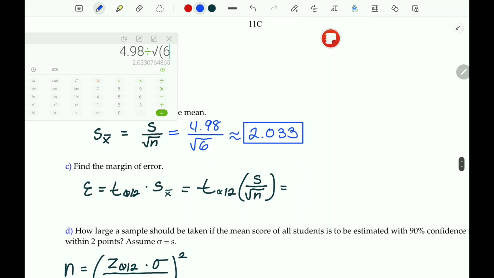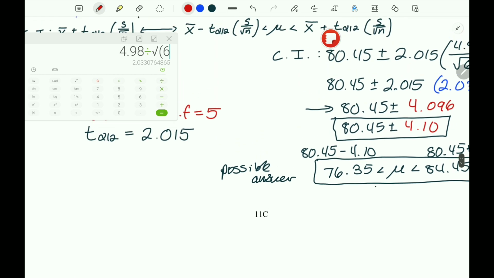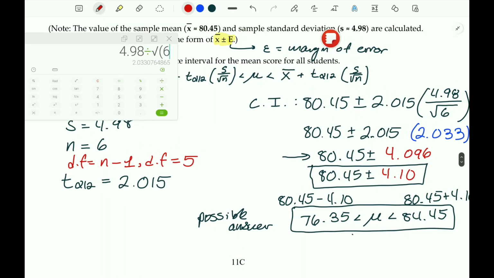The margin of error, we also found that as well. That is what we had in red. When we scroll back up to the top, the margin of error is multiplying the t critical value with the standard error, and we got 4.096 when we rounded to two numbers after the decimal.